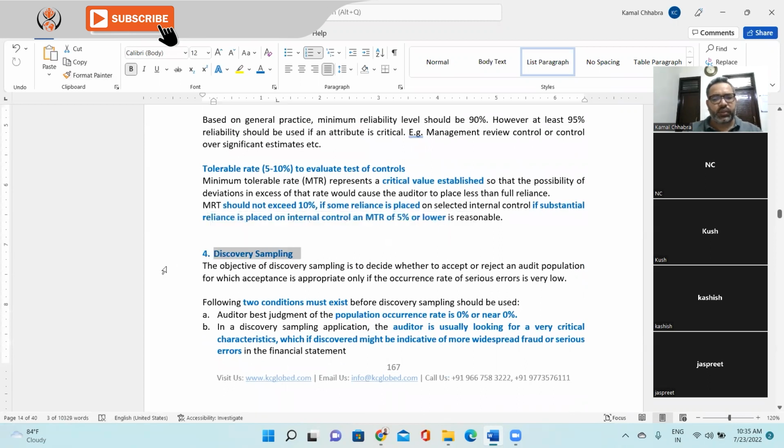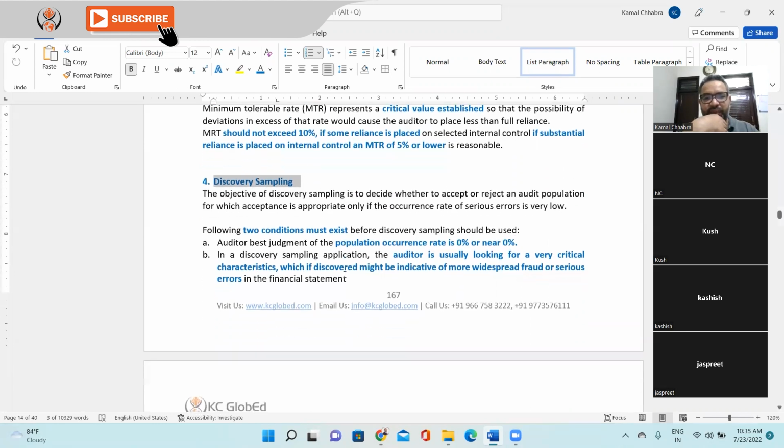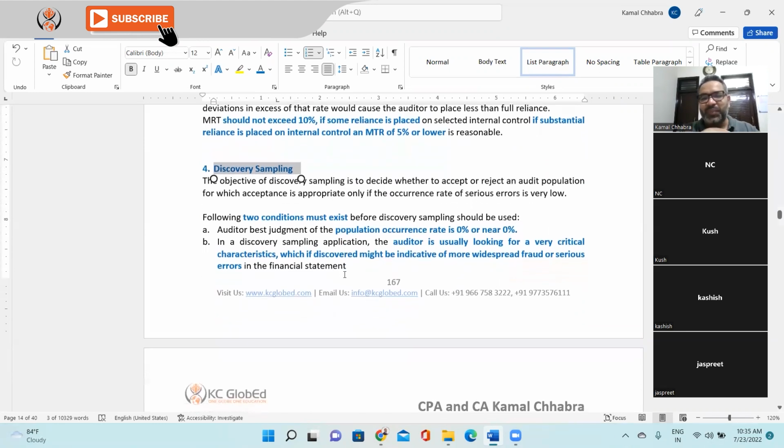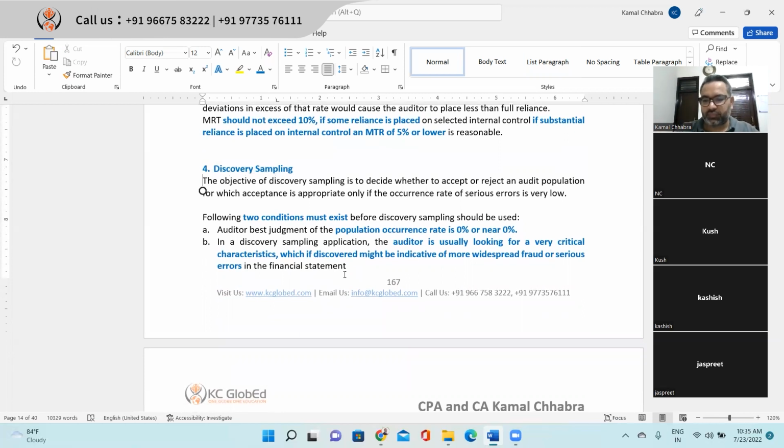Have you heard about this term before, discovery sampling? Anyone have any idea, or anyone even heard this term before? Don't worry, I'll not ask many questions. I was going to say I have heard about it, but never used it, because we do have that in one of the drop-downs with the tools that we have. So I know that there is discovery sampling, but what exactly that is, I do not.